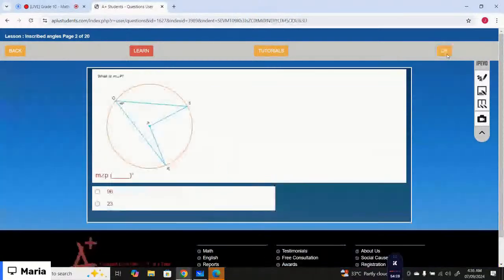What is the measurement of angle P, which is the correct option? That is 23 degrees, right? Option number 2 is the correct option.